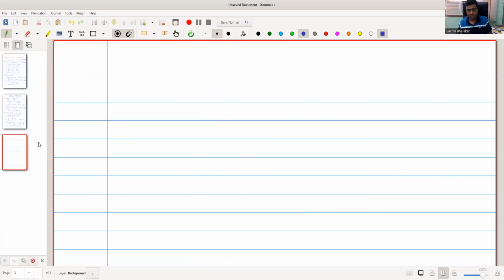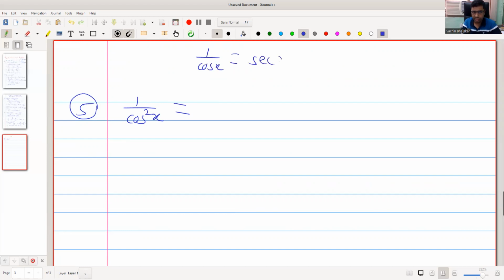Now we solve some examples containing trigonometric functions. The next example, fifth, is 1 upon cos squared x. It is not a difficult thing because we know that 1 upon cos x is sec x, and since there is a square, it is nothing but sec squared x, and we know this integral.